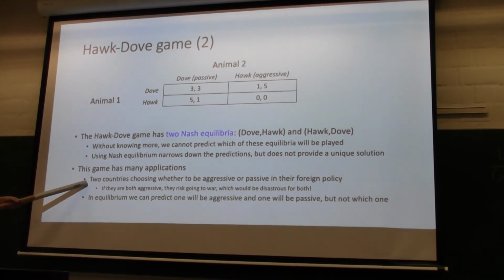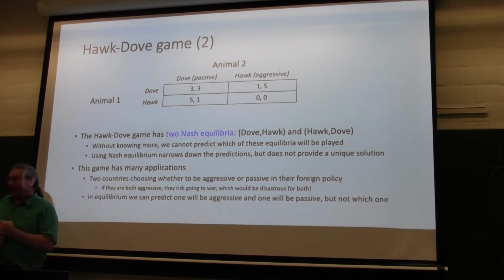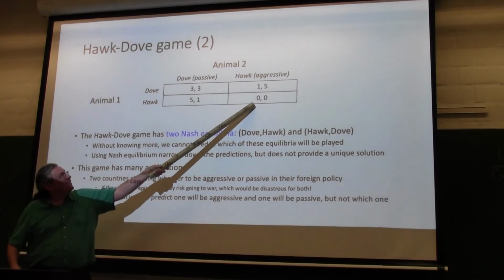So two countries, they choose whether to be aggressive or passive. And so this is something that you can see every day now in the news. Okay? So there's one country who's choosing to be aggressive. I'm mentioning no names. Hi Vlad, how are you? So one of them is deciding to be aggressive, but maybe not all. But if they're both aggressive, then everybody loses. Okay?